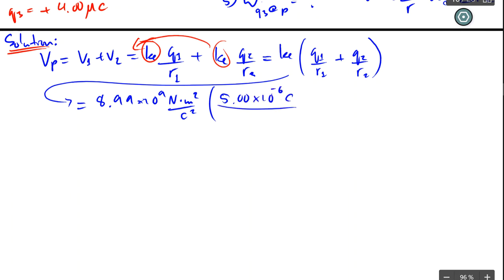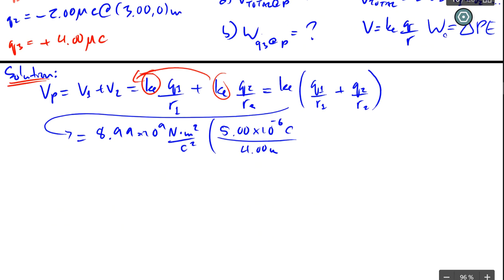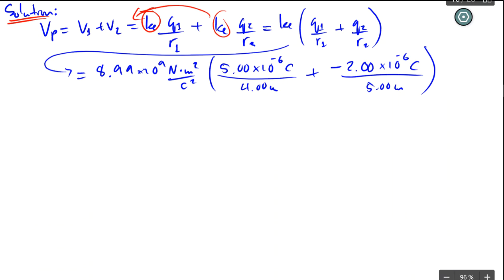This one is 4, because that's the height just above right there. And this one is negative, so for potentials we do retain the sign of the charge, unlike electric force where we determine the direction later.